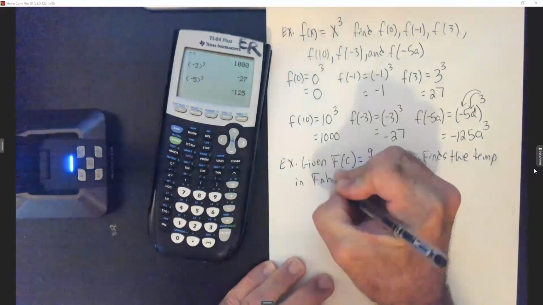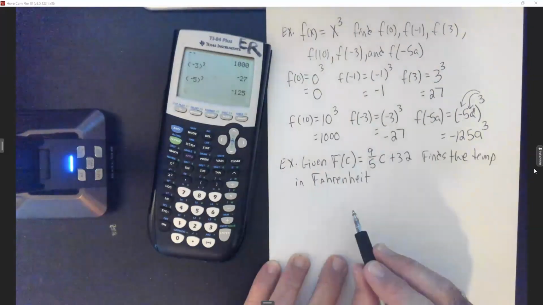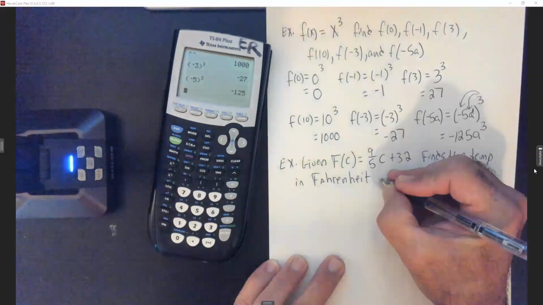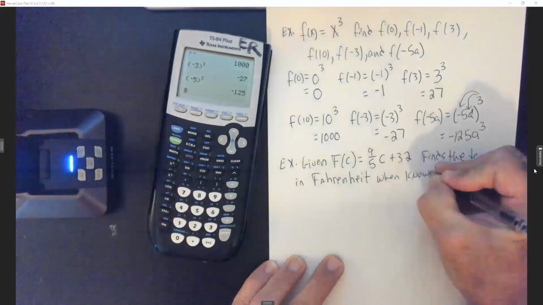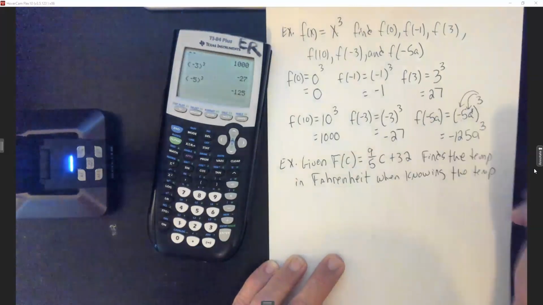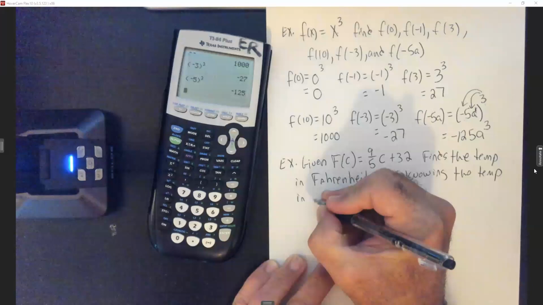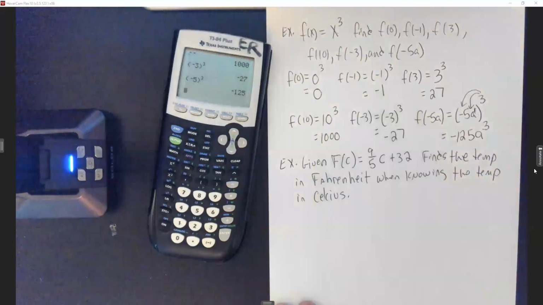I'm just going to try. I think that's close. Gives the temp in Fahrenheit when knowing the temp in Celsius. So if you know the Celsius temperature, plug it into that and get the Fahrenheit temperature.